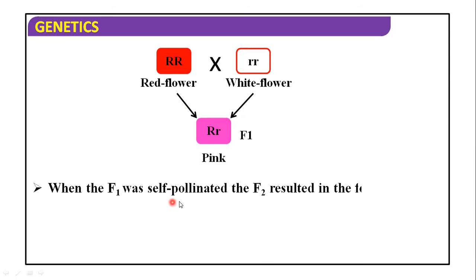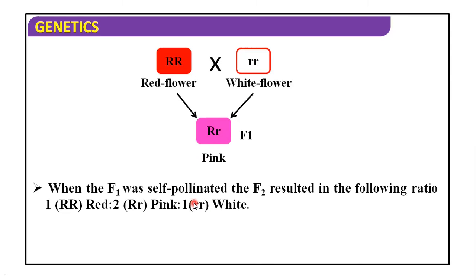When the F1 was self-pollinated, the F2 resulted in the following ratio. The red flower is 1, then capital R small r is 2, that is 1 is to 2, and the pink flower, and 1 small r will be the white.